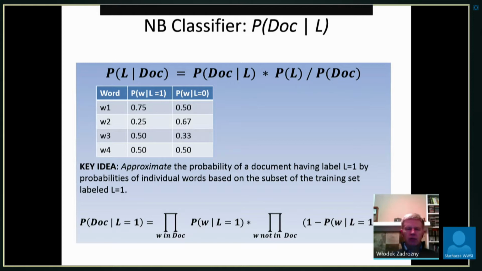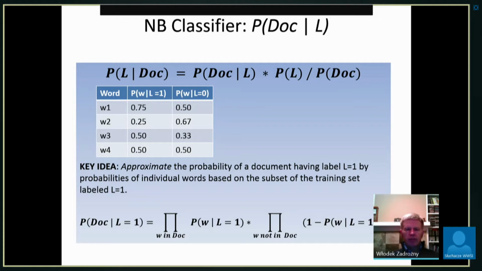And as we said a moment ago, we're going to approximate the probability of the document by the product of the probabilities of individual words, right? So the main thing to look into in the formula at the bottom of the slide is that we have to take into account both the words that are in the document and the words which are not in the document. All right?